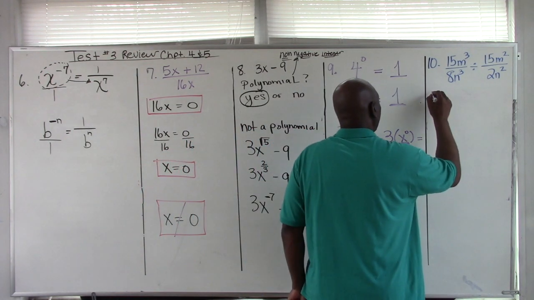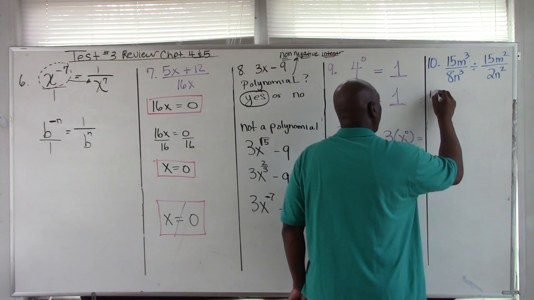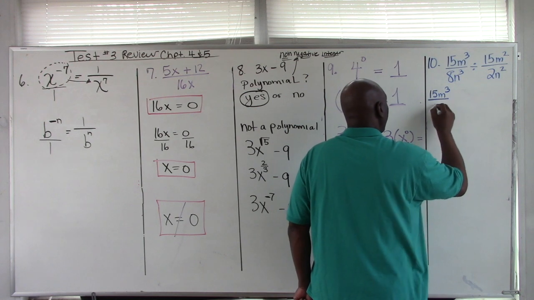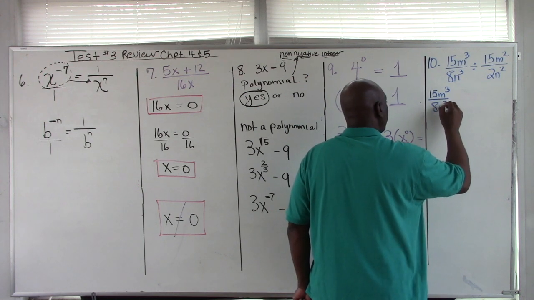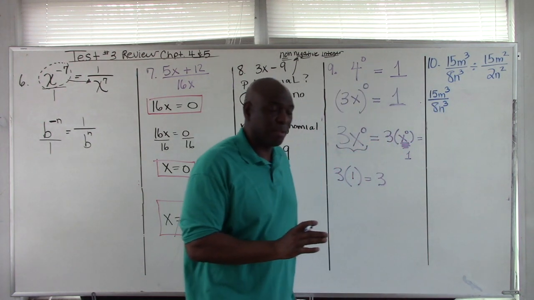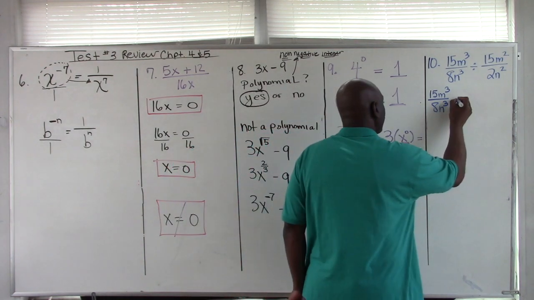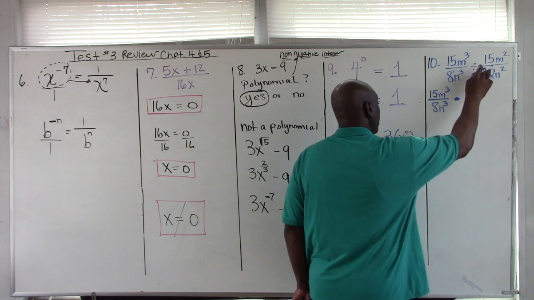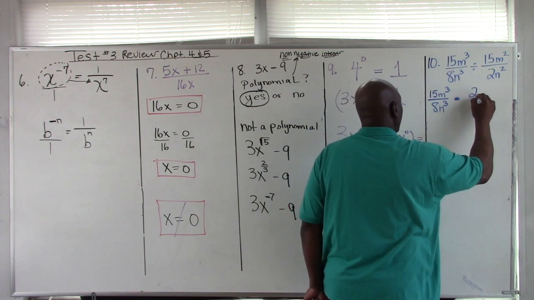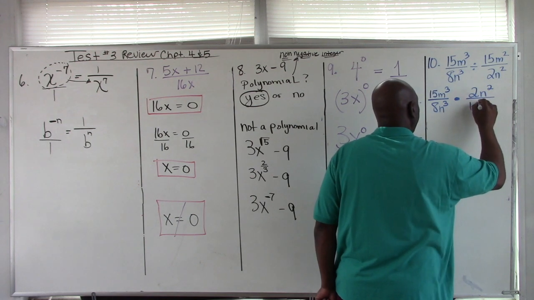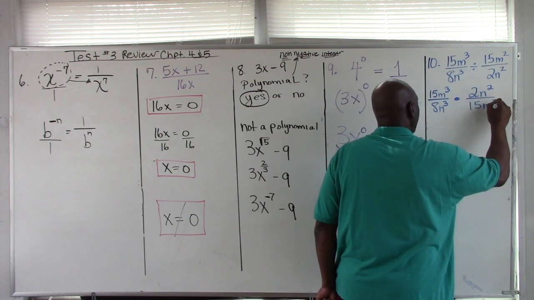So I'm going to write the former ratio, which is 15m cubed over 8n cubed, but now I'm going to multiply by the reciprocal, which is 2n squared over 15m squared.